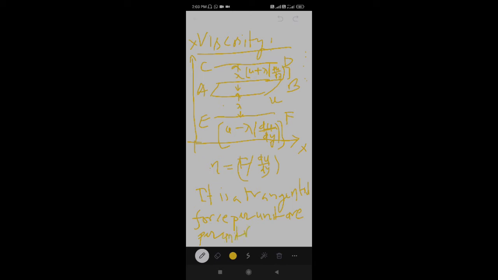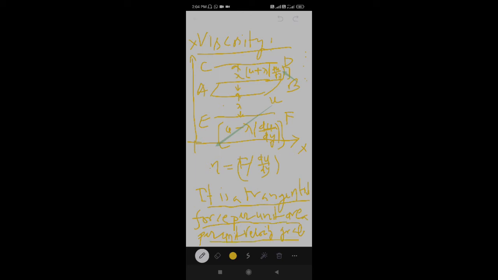So what is this eta? Eta is a tangential force per unit area per unit velocity gradient.